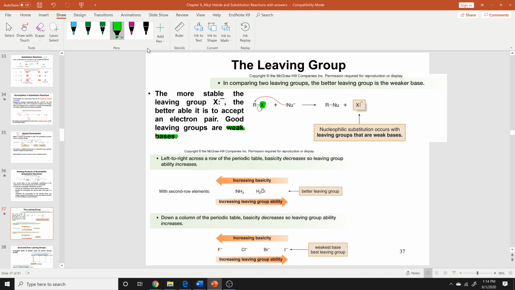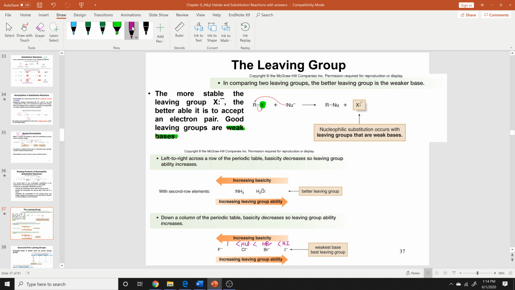So if I am looking in here, if the halogen is a chlorine, I know that if I look at the acidity, HCl is less acidic than HBr, than HI, because of the size of the ion.